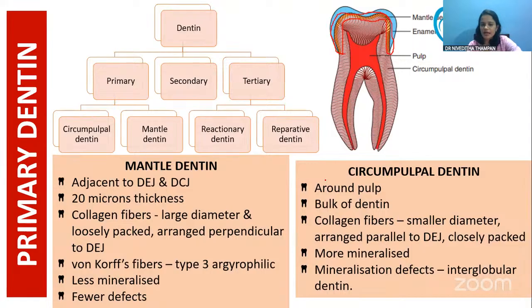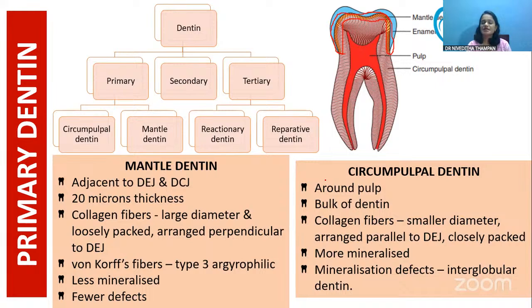It is very thin, only 20 microns thickness. The collagen fibers will be of large diameter, loosely packed, and arranged perpendicular to the dentino-enamel junction. That's how the mantle dentin will appear.